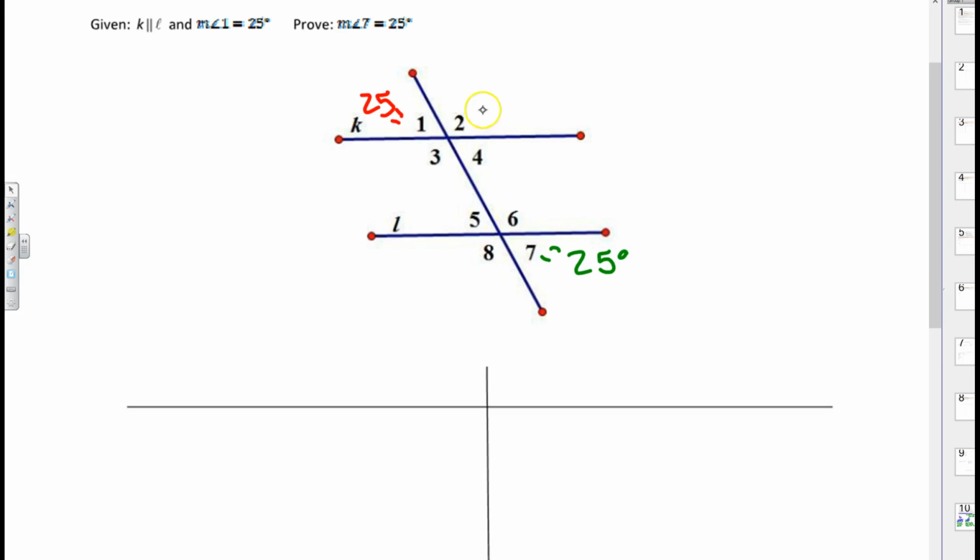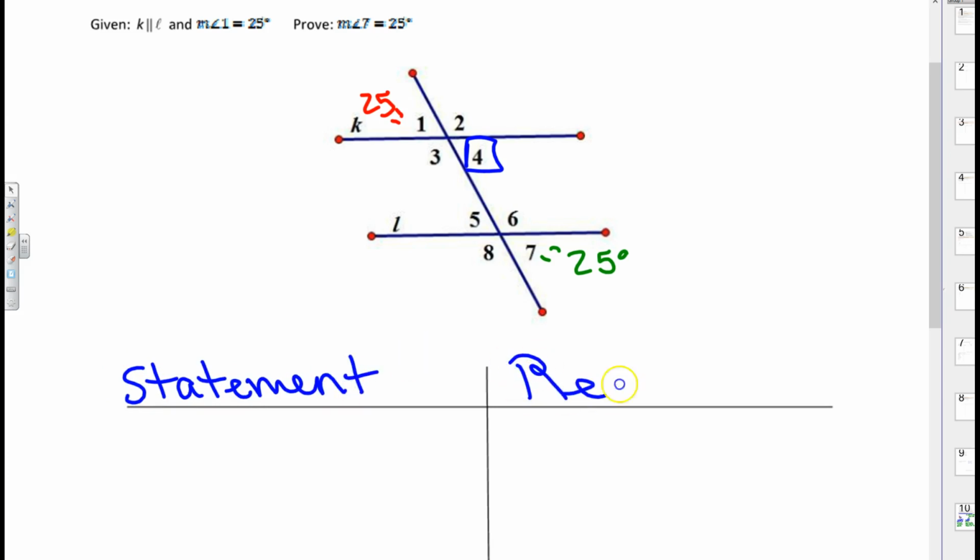Good buddy angles in this problem, I like angle 4 a whole lot because it corresponds with 7, and I like angle 1 because it's vertical with angle 4. So let's go ahead now and get started on this proof since we've chosen our special helper angle. I'm going to start off by writing, again, statement and reason, just like I always do.